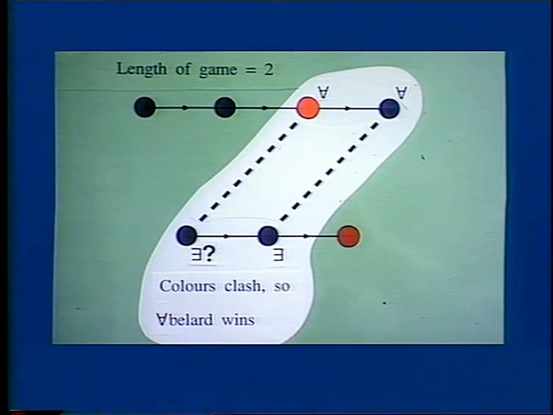Well, suppose she chose differently. Suppose she tried to match that red bead upstairs against the other black bead downstairs. Now, the order's right, the lines don't cross, but this time the colours don't match. The red bead upstairs doesn't match the black bead downstairs that she's linked it with. So again, Eloise has lost and Abelard has won. Abelard has shown in 2 steps that there's a difference.